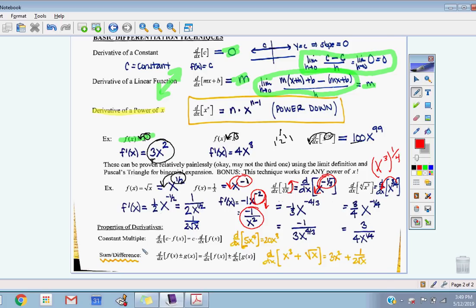Okay, properties of derivatives here, pretty straightforward. The notation could definitely mess you up a little bit. But basically what it is saying is if you have a constant times a function, that's the same as taking the constant out front and then just finding the derivative of the function. So basically, if we look right here, we already did that one. Yeah, we did.